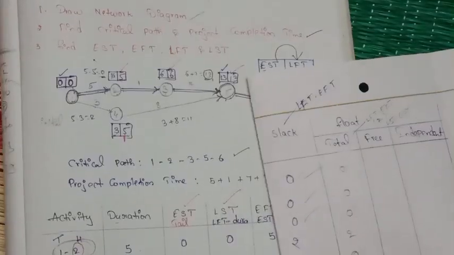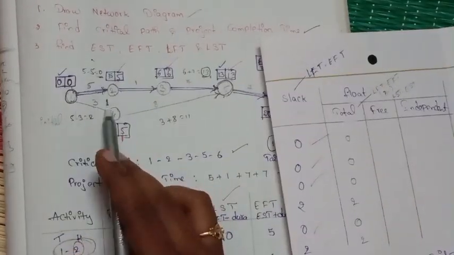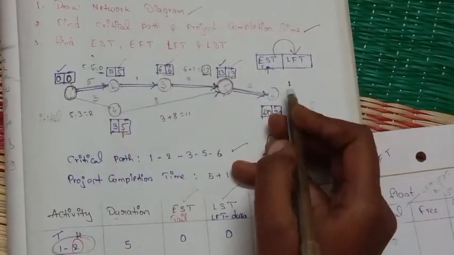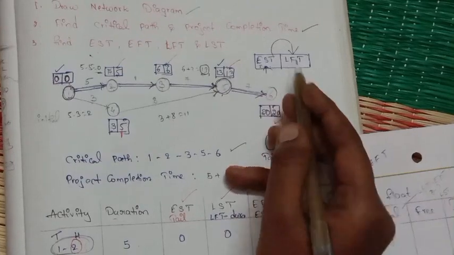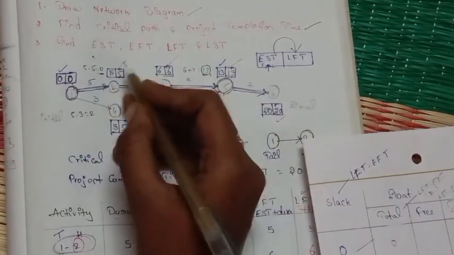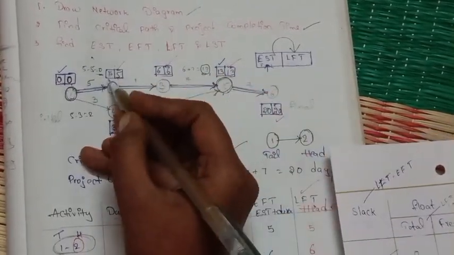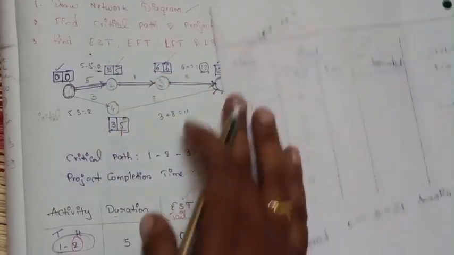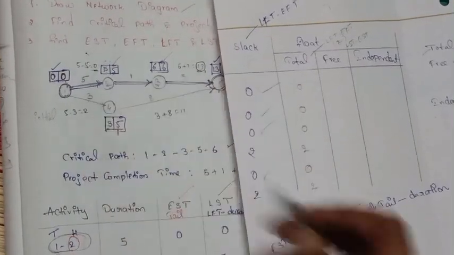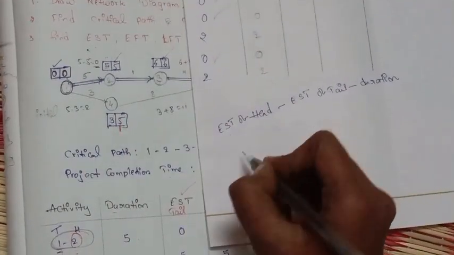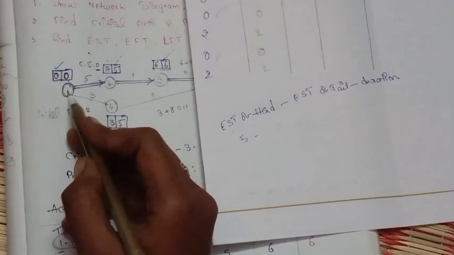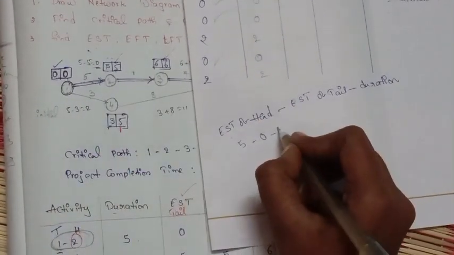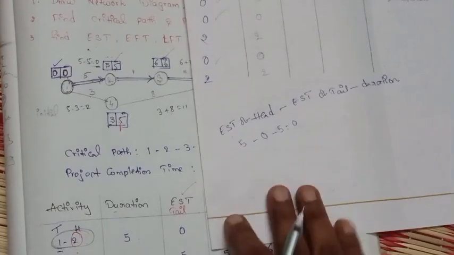From the network diagram, EST of head means for 2, this is the EST value. Here they represent EST and LFT: the first box is EST and the second box is LFT. Now EST of head event is 5. So 5 minus EST of tail, which is 0, minus duration, which is 5. Our answer is 0. Write it here.